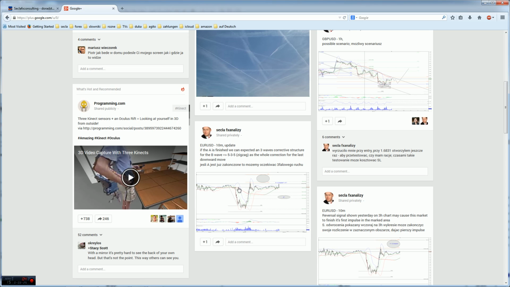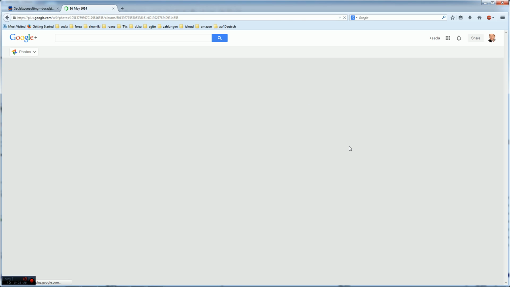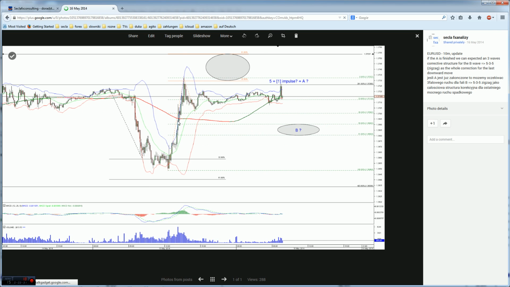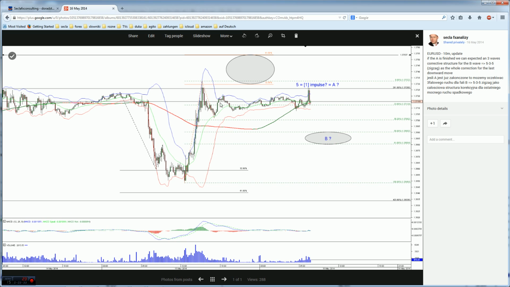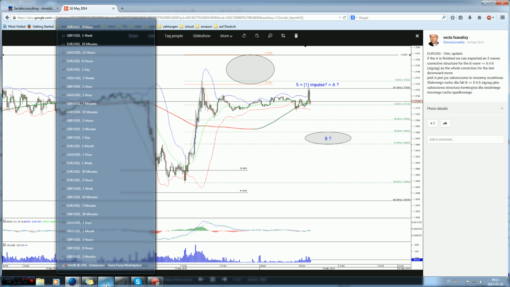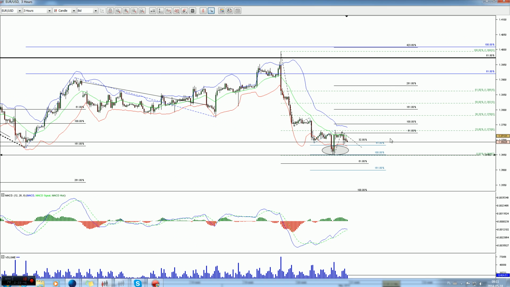Yeah, that's that post regarding Euro USD. So this is what I've shown on Friday, and the impulse has finished on this 10 minutes chart, but I will come back to that in a few minutes. So we had the reversal, and we have most probably the first 5 waves up.